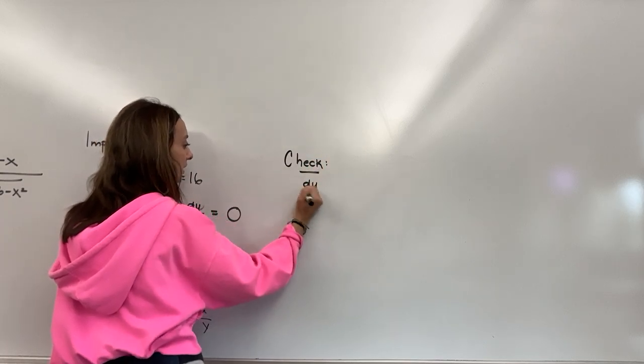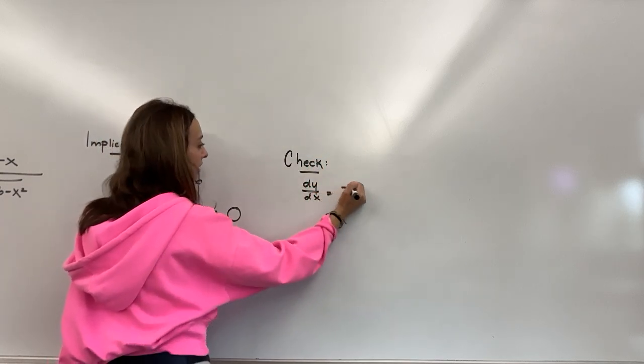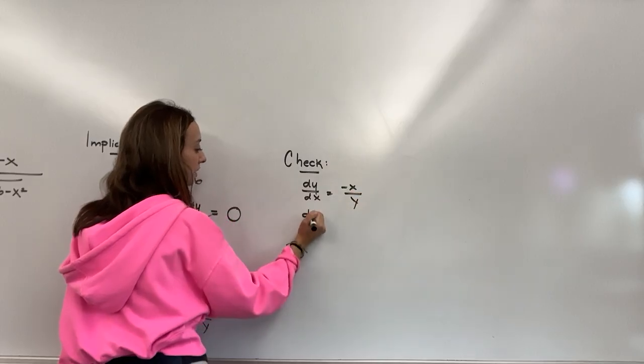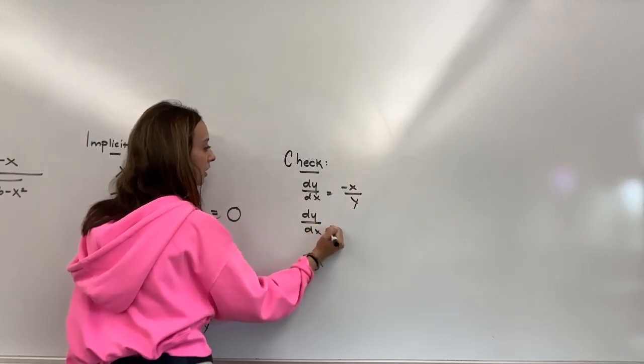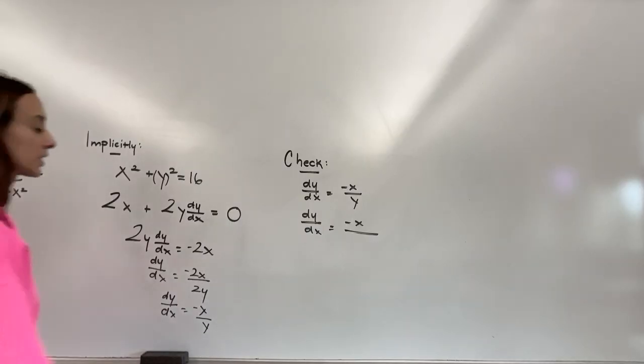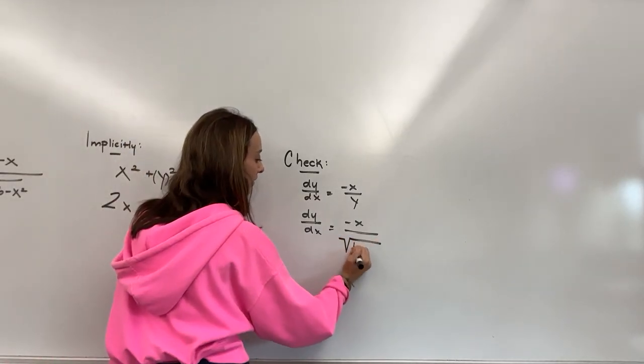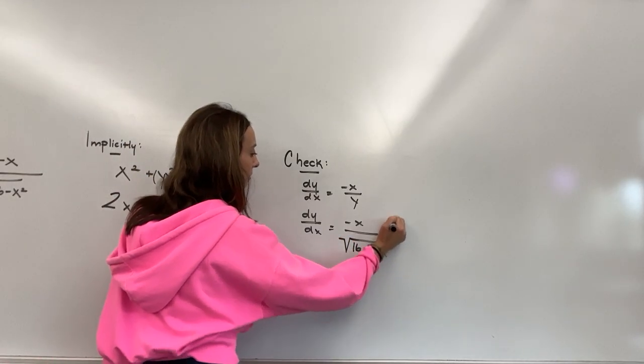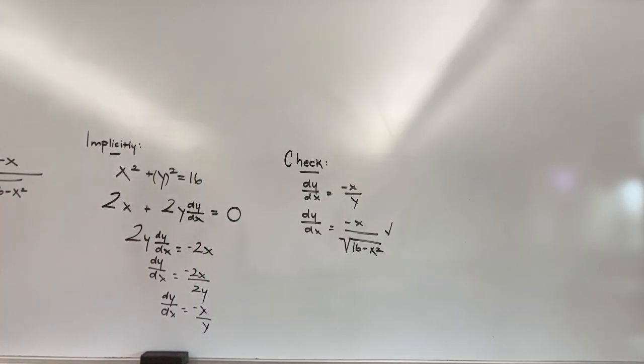So I get dy dx is equal to negative x over y. If I substitute what we found earlier, we found y to be the square root of 16 minus x squared. If I substitute that in, we get that full check of our implicit versus explicit.